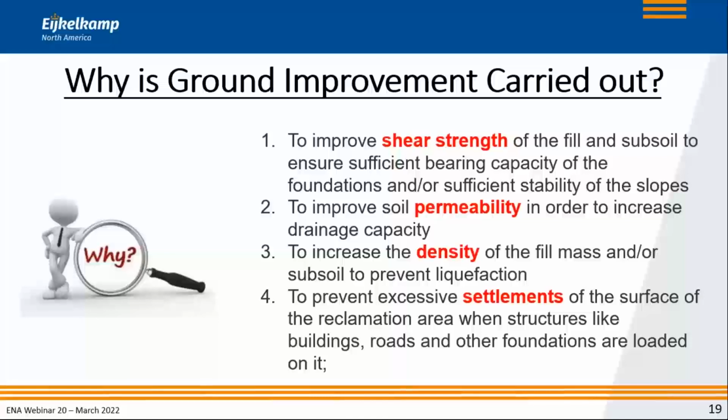And different methods can be utilized more or less efficiently to achieve those objectives. But let's focus just on those objectives. And as you have seen, I've put some of those words in red on purpose, because those elements, whether it's shear strength or permeability or density or settlements, are absolutely perfect concepts that you can check with CPT. And that's really what I'm trying to convey to you today.